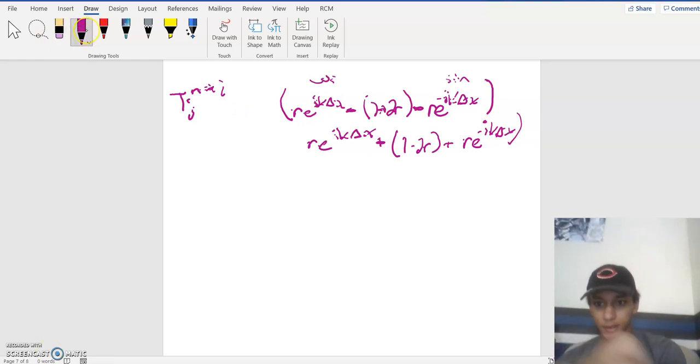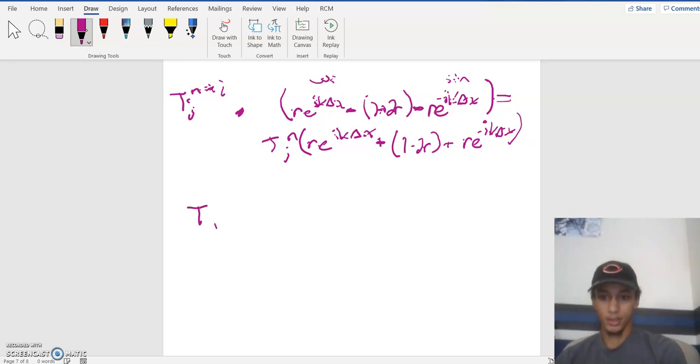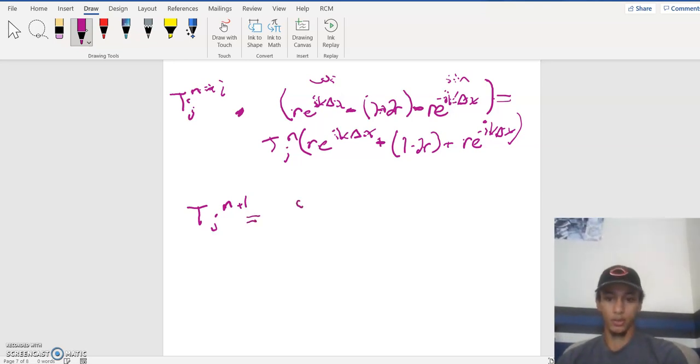This would be Tj n plus 1 times, it's equal to, it's still this, it's Tj n. And now we can simplify this. So this is where it says Tj n plus 1 is equal to, so what we did before, you can get cosine k delta x from those once they simplify out, minus 1 plus 2R, and on the bottom now we'll divide it.